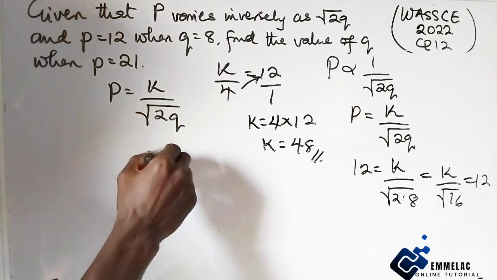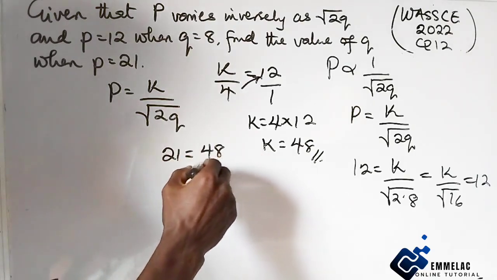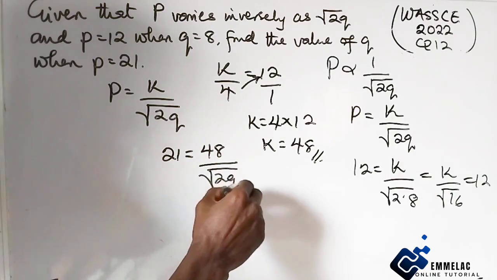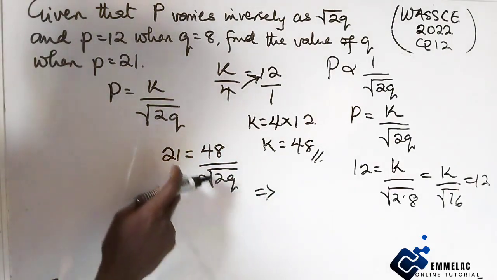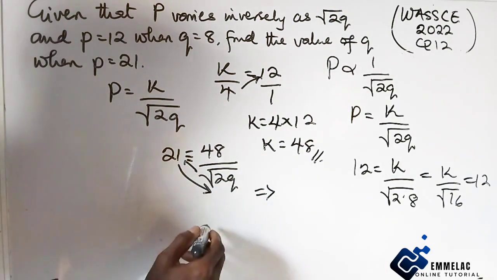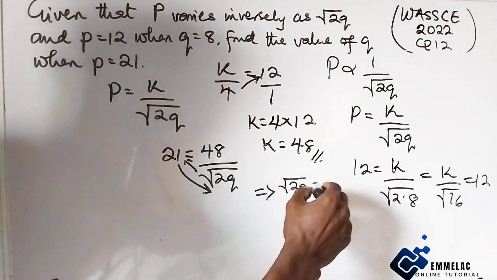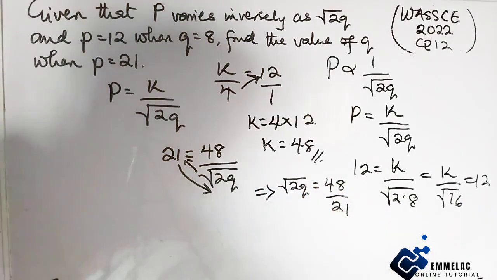So here you have 21 equals 48 over the square root of 2q. By cross multiplying, the square root of 2q equals 48 over 21.